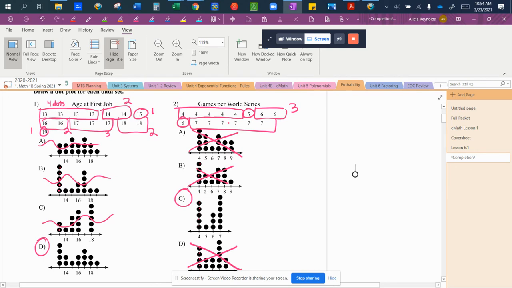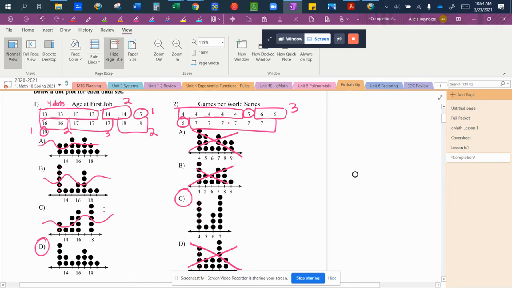Does that part make sense as far as figuring out how to set up the dot plot? Does anybody have questions about the dot plot? That was probably the most straightforward one. The same thing for 1 and 2. Number 1 is D, number 2 is C. Understand that your answer choices are scrambled.